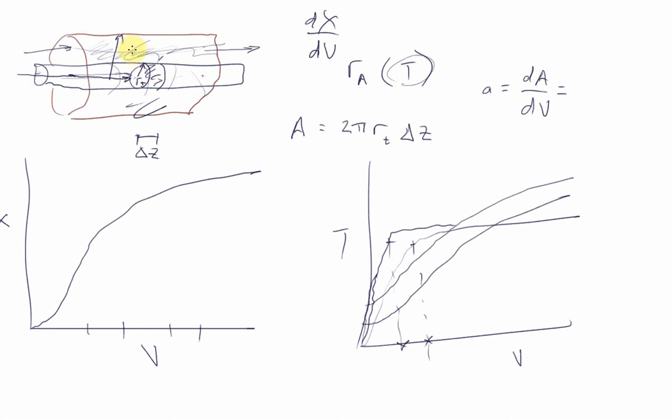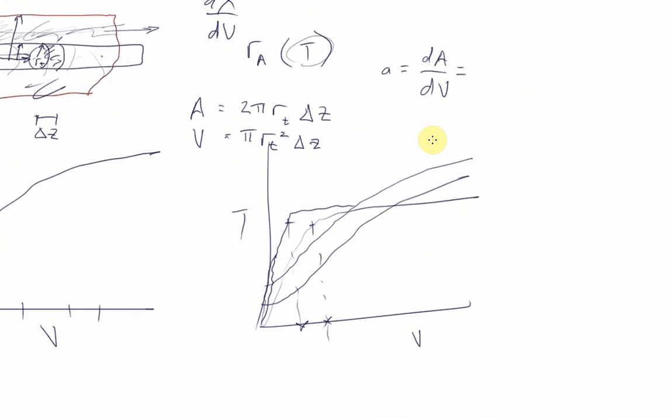We could choose to do it in terms of that volume, but actually the volume of interest is the reaction volume. So it's this volume, so it's also RT here. So that volume is pi RT squared times delta Z. So you can say here A over V is equal to 2 over RT.